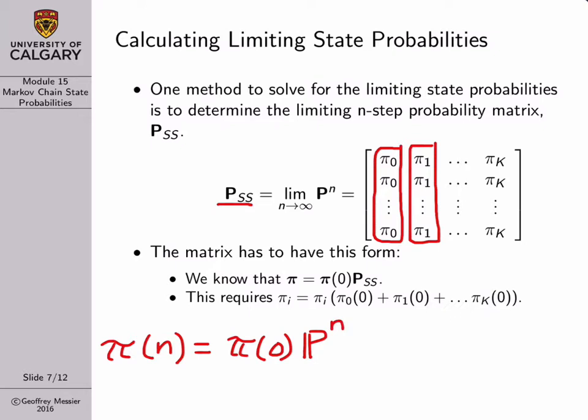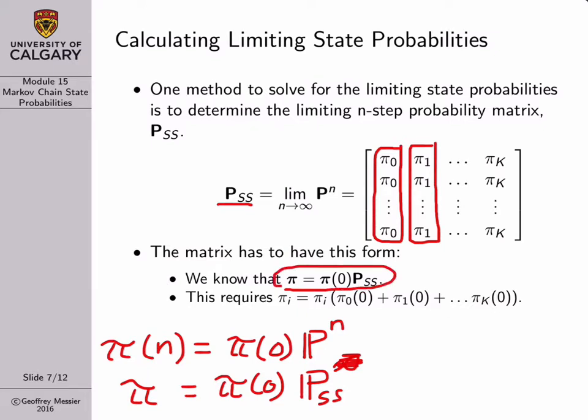And so our limiting state probability vector has to be equal to the initial state vector multiplied by the matrix raised to the infinite exponent, or in other words, the steady state probability matrix, which is what I'm showing here.